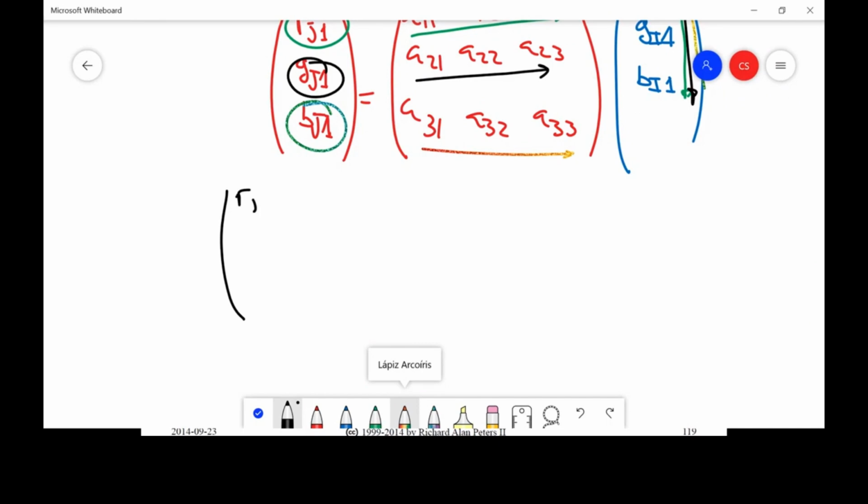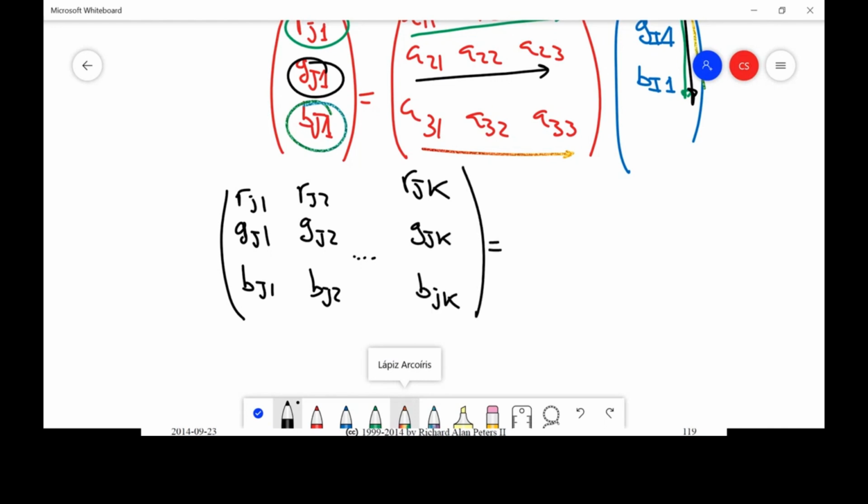So I have RG1, and we have a second one.